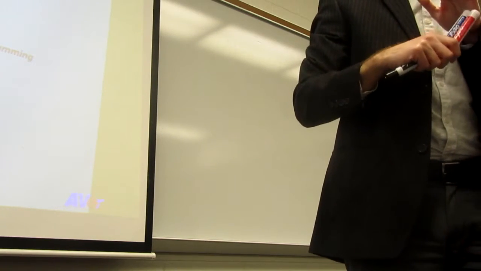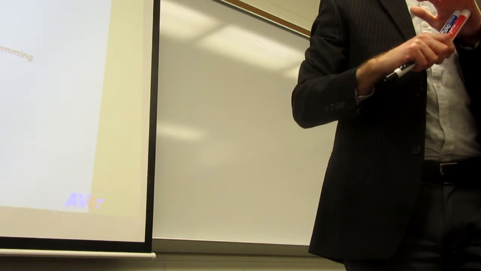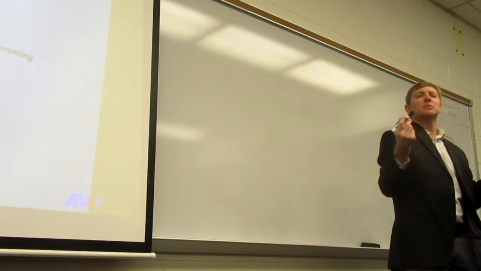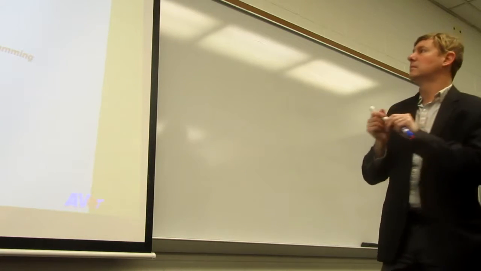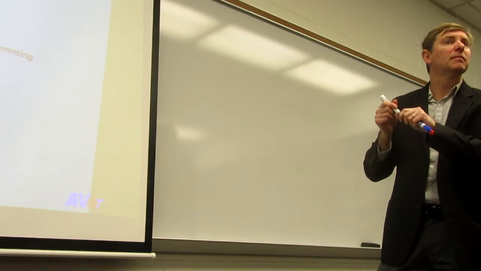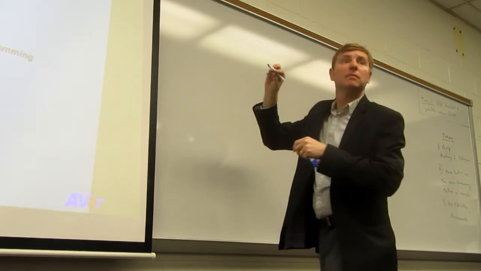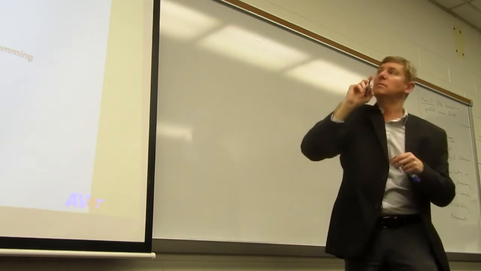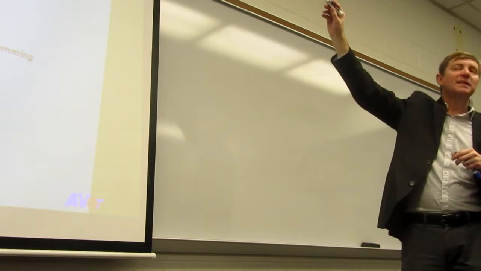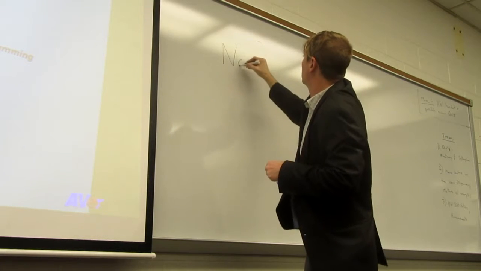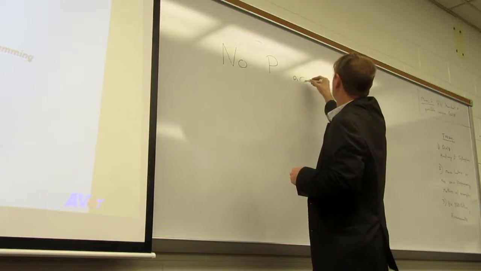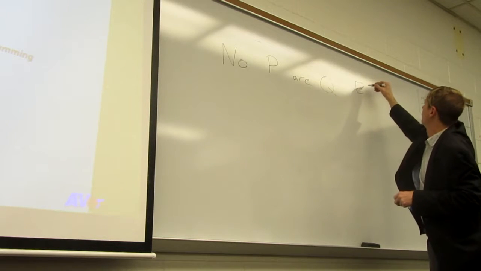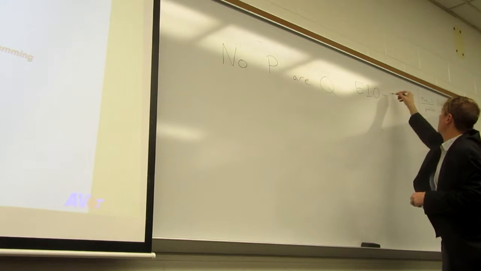Should I start with the first premise? Does that work? Good. What do we want to make my first premise? It's an E. Just make it no P or Q. And just to refresh over here, we're doing an EIO2.